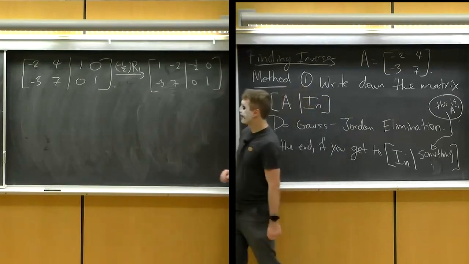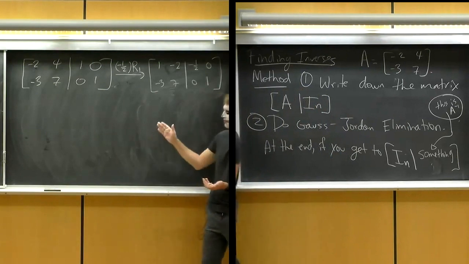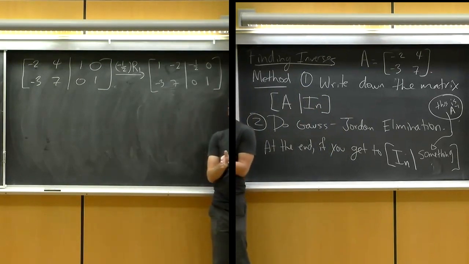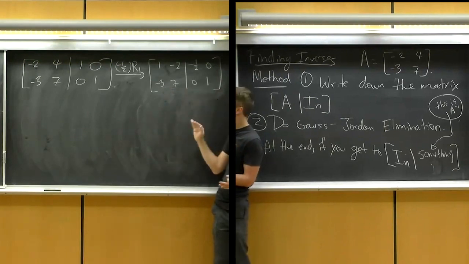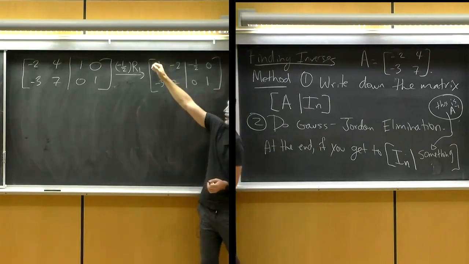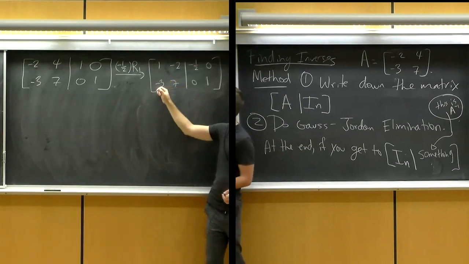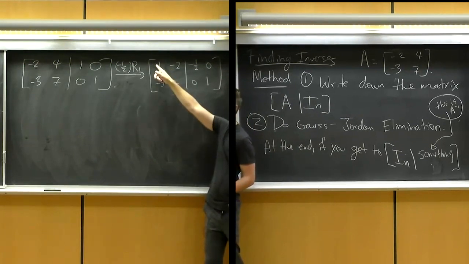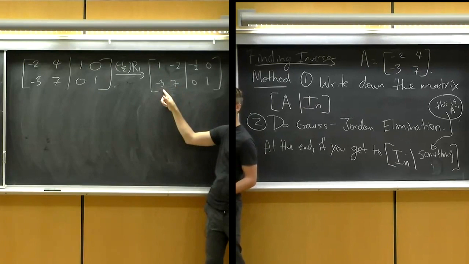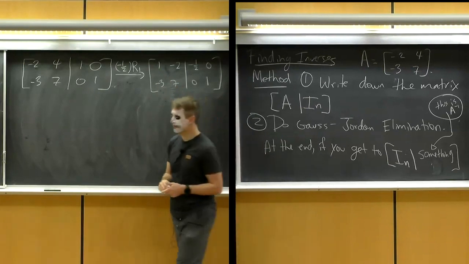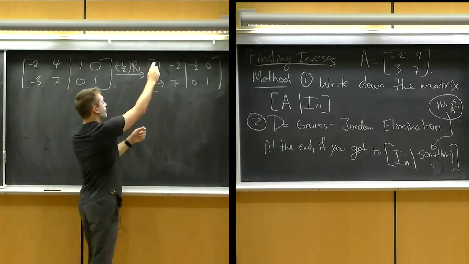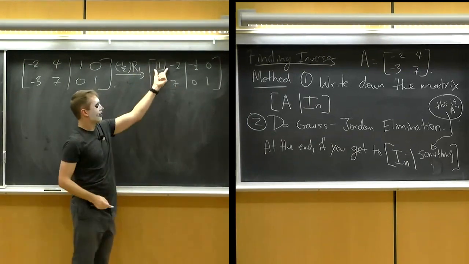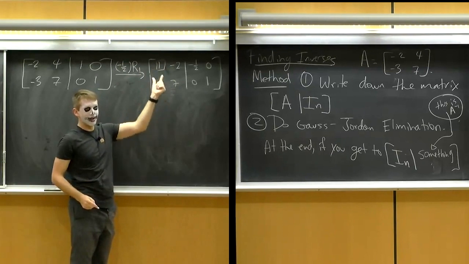Yeah, that's because when you're doing Gauss-Jordan, you want to think column by column. So this column, we're trying to get this to look like 1, 0. We've already got the 1, and now we just need to eliminate this -3. So that's the right suggestion: once you get a 1 somewhere in a column, you want to use that 1 to annihilate everything else in that column.